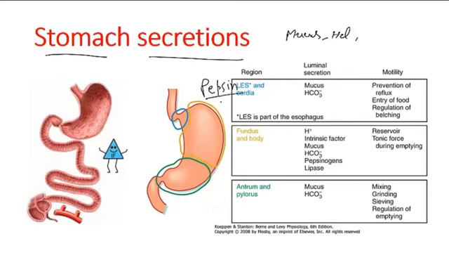Mucus and the tight junctions between the cells in the gastric mucosa are collectively known as the gastric mucosal barrier, because if you look at the cells making up the stomach, they are not loosely placed like that. We have tight junctions formed between the cells so that all those acid contents and components cannot enter between the intercellular junctions.